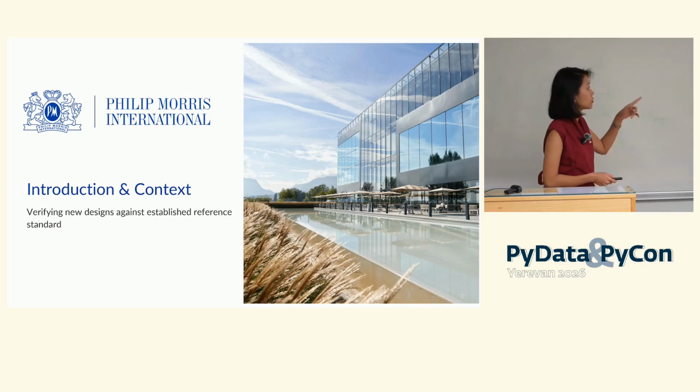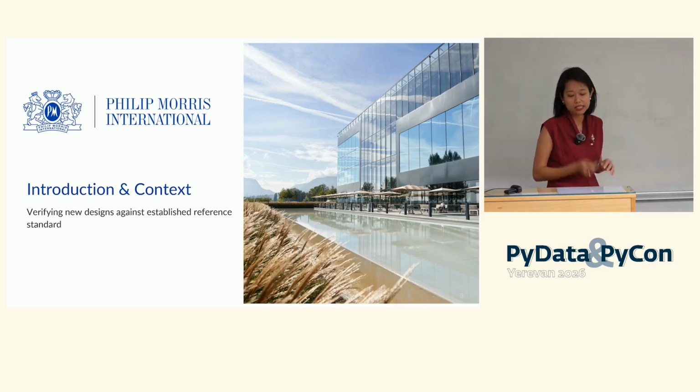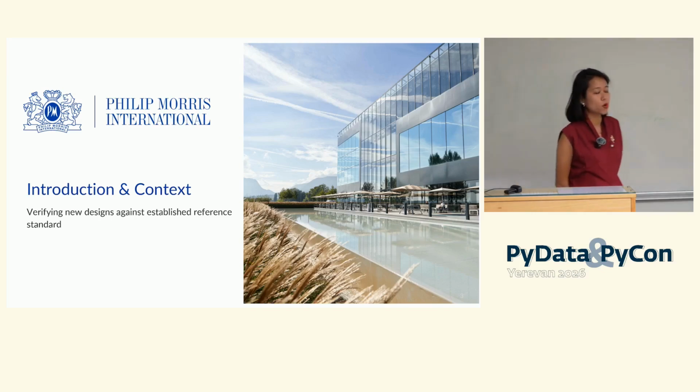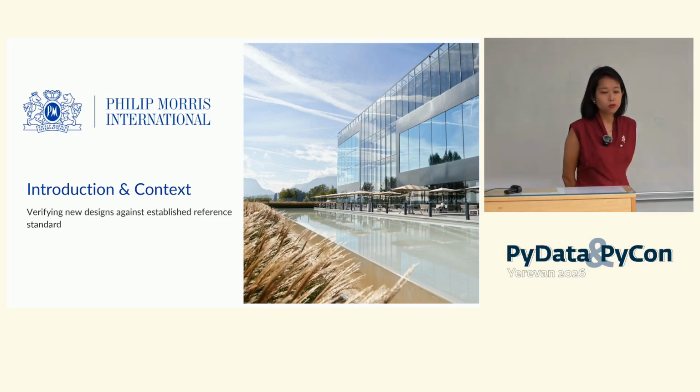This is how our office looks like in Neuchâtel in Switzerland. A bit of the context, my team is called Design Verification System and Consumables. So you might be wondering why a tobacco company is now moving into systems and this kind of engineering stuff.